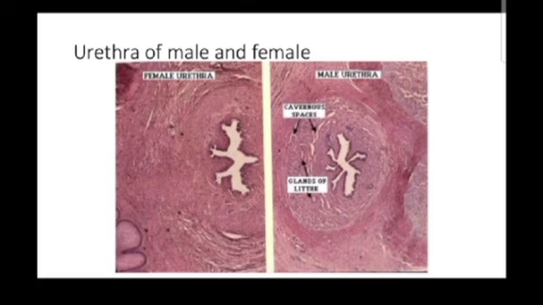Outward to the lamina propria is a muscularis, which is composed of smooth muscle fibers arranged as inner longitudinal and outer circular layers. The muscularis is reinforced by a sphincter of skeletal muscle near the external orifice of the urethra. This was about the urethra.